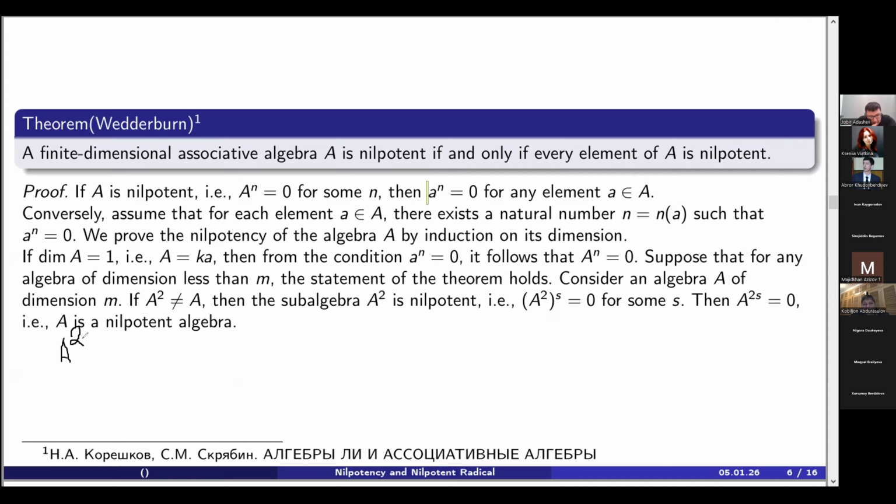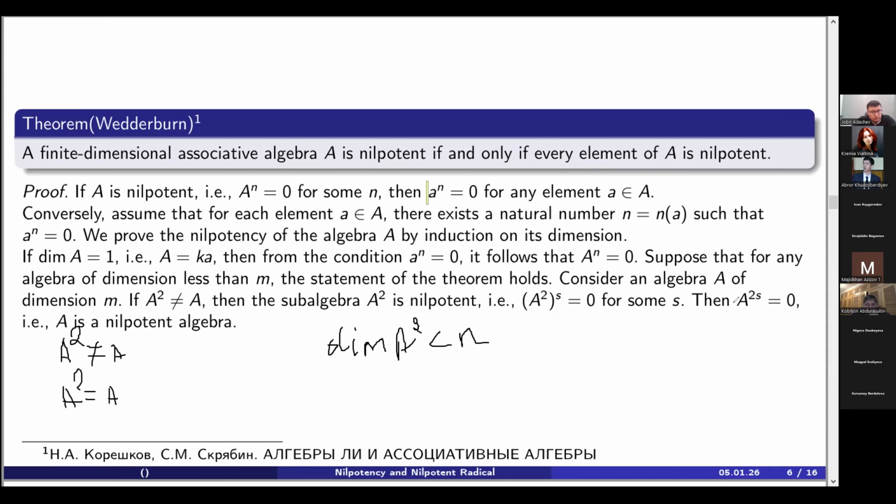First case, A square is not equal to A. Second case, A square is equal to A. First case: then the subalgebra A square is nilpotent because its dimension is less than m.